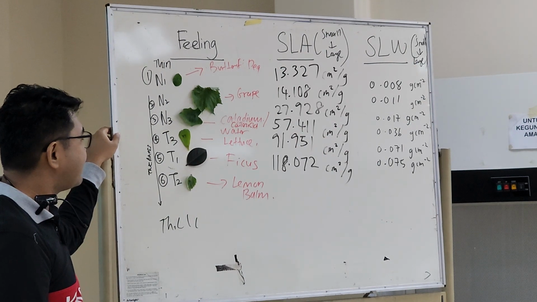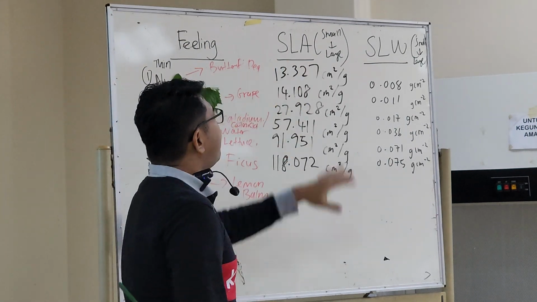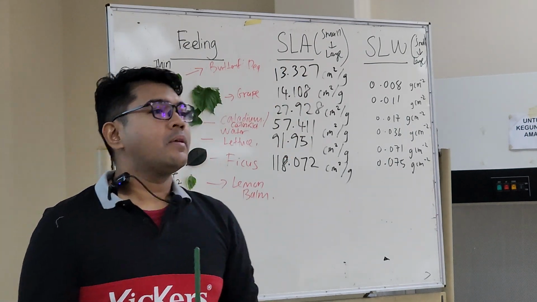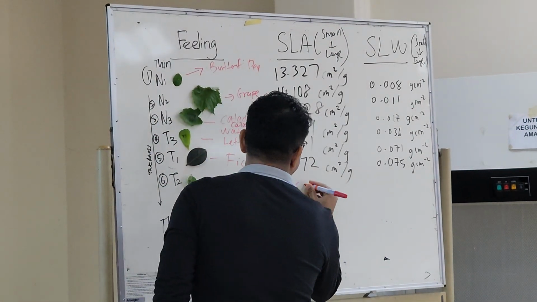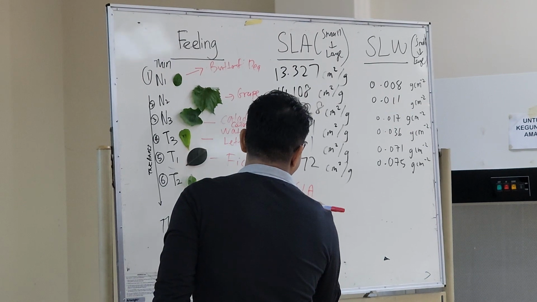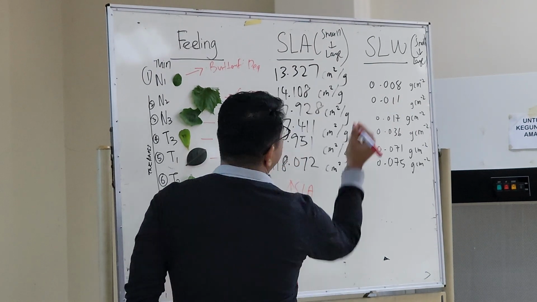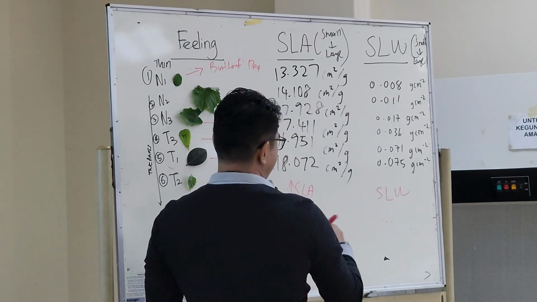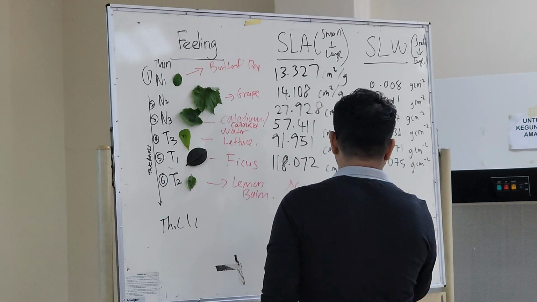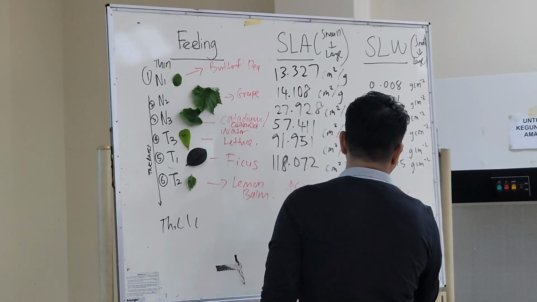Is that correct? Let's see here. For SLA, the rule is the higher the number, the thicker the leaf. For SLW, it is the reciprocal of SLA, meaning that the higher the SLW, the thinner the leaf.